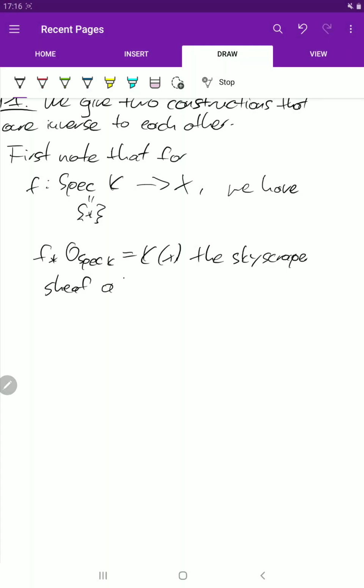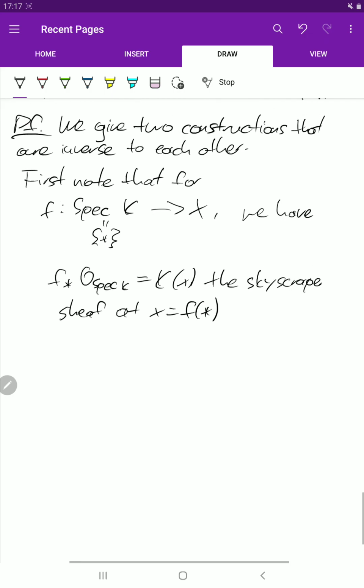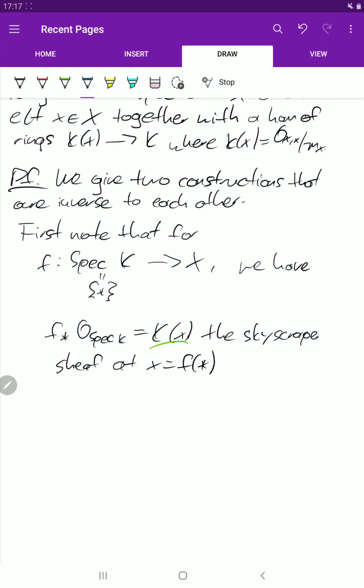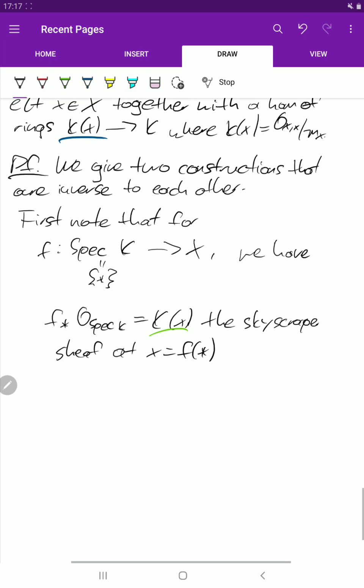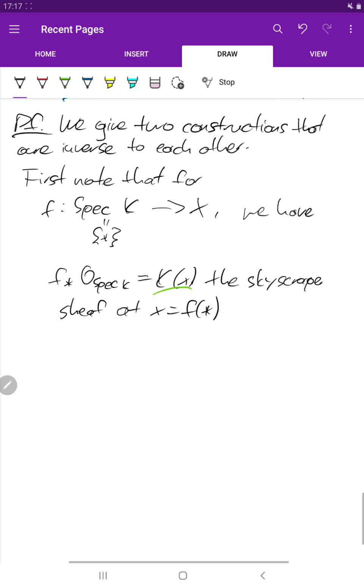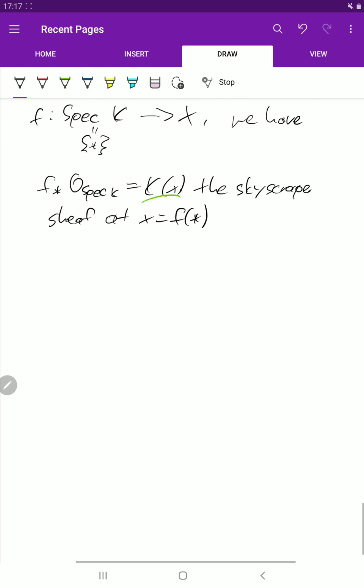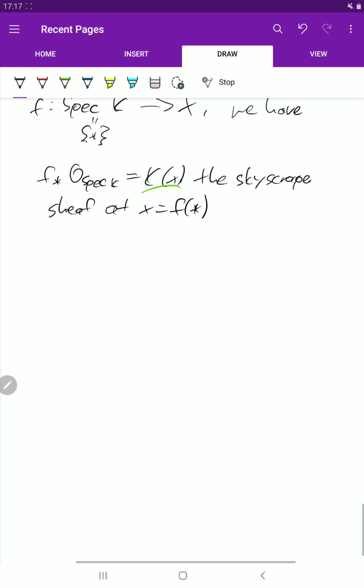Note that this notation is something completely different than this notation. Here once it's the residue field and once it's a skyscraper sheaf, but as I mentioned, there should arise no confusion.